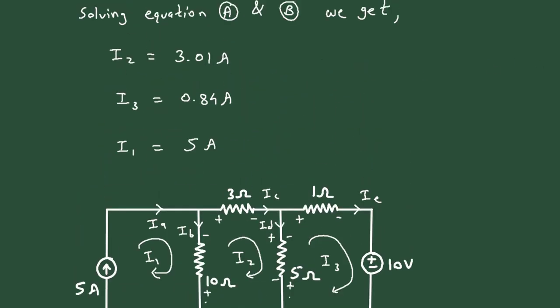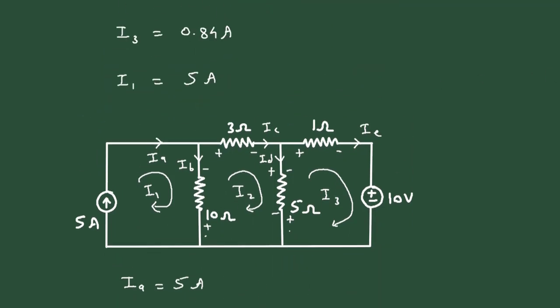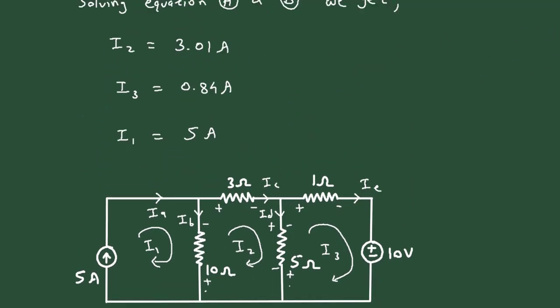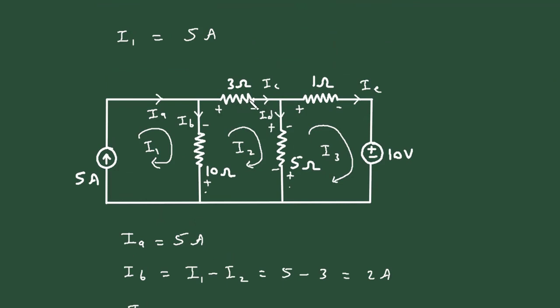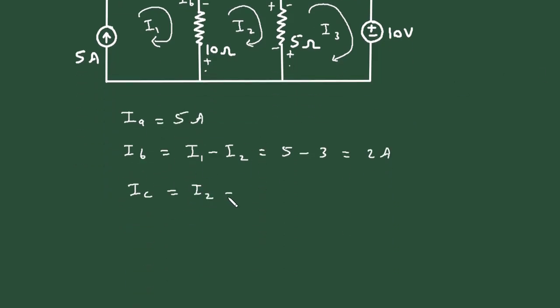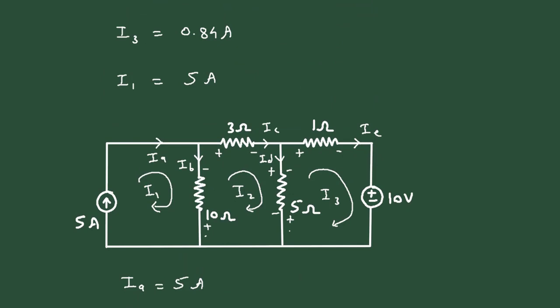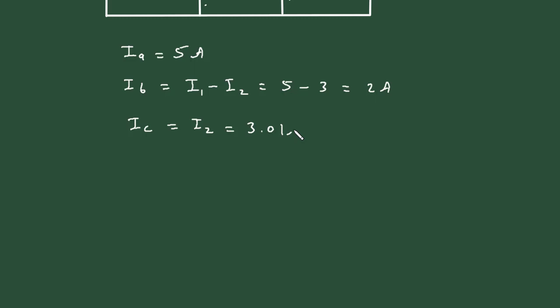The value of I1 is 5 ampere minus the value of I2, it is 3.01, or directly 3 only, so it will be 2 ampere. Then IC is equal to, this current will be the same, that is I2, so IC is equal to I2, and I2 is equal to 3.01 ampere.